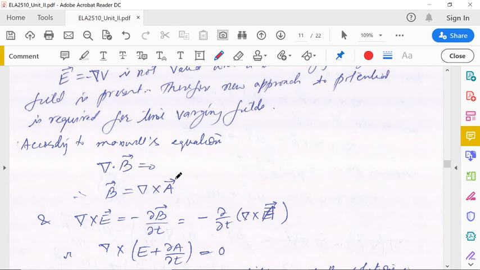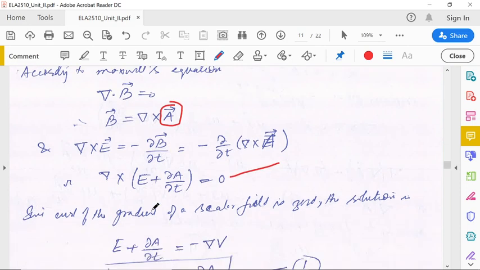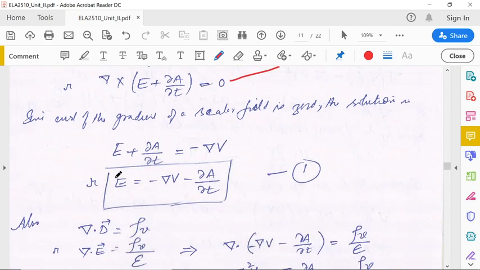So then we define here the vector magnetic potential. Now again, taking del cross E minus del V over del t, this is coming from Maxwell's equation, and replacing B from here, this leads to this expression. So we can go on deriving this expression. You can go through these steps.